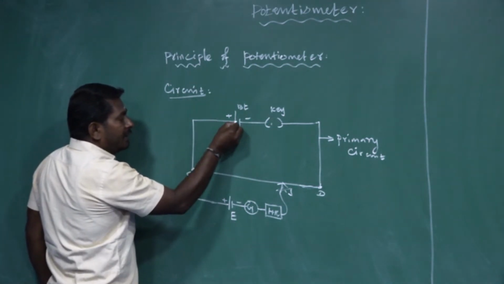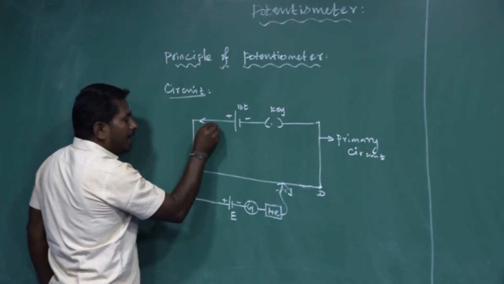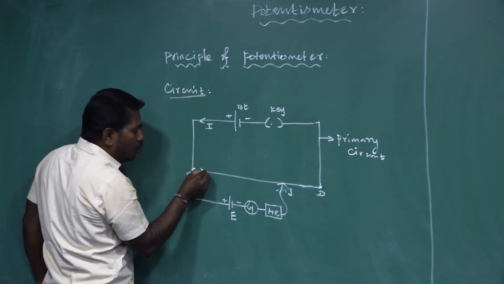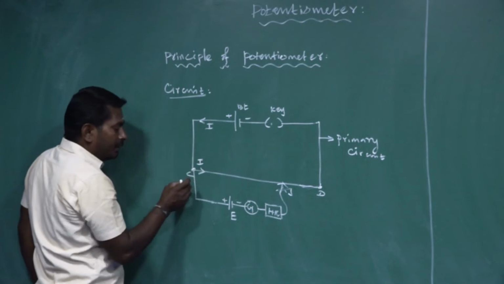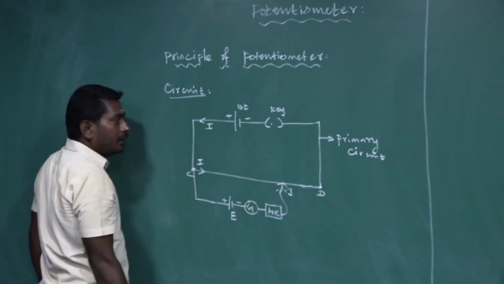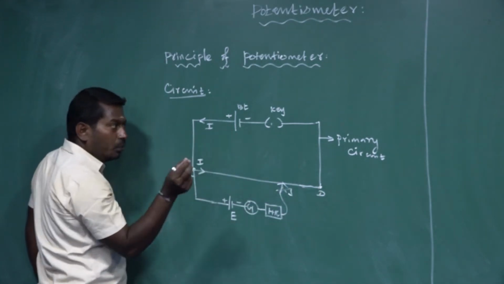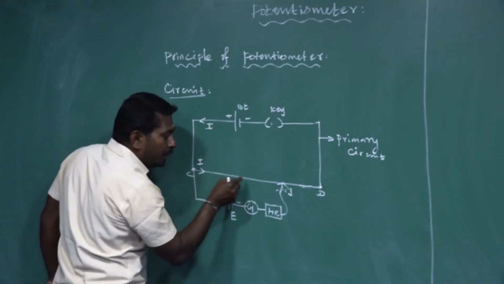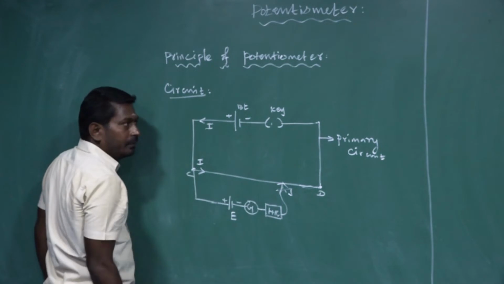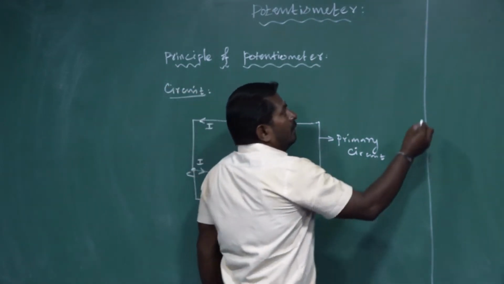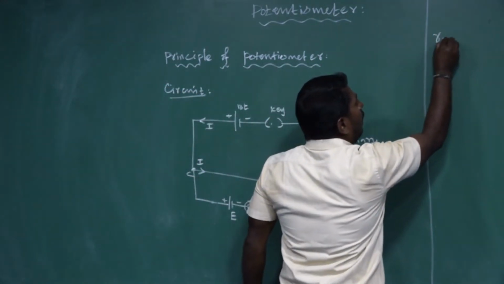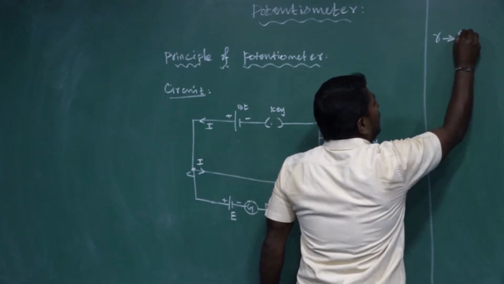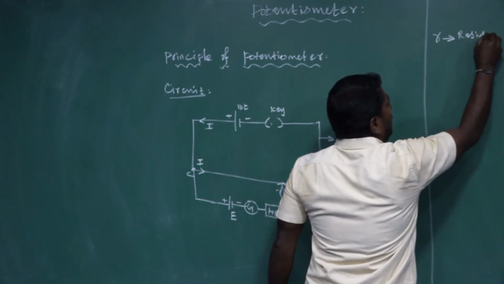The battery sends a steady electric current I through the potentiometer wire. CD is the potentiometer wire. Keep it in your mind, this battery sends the steady electric current I through the potentiometer wire CD. Small r is the resistance per unit length of the potentiometer wire.